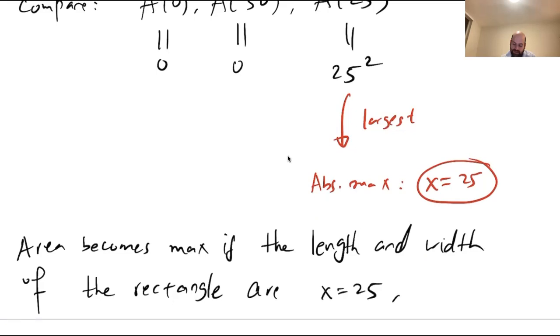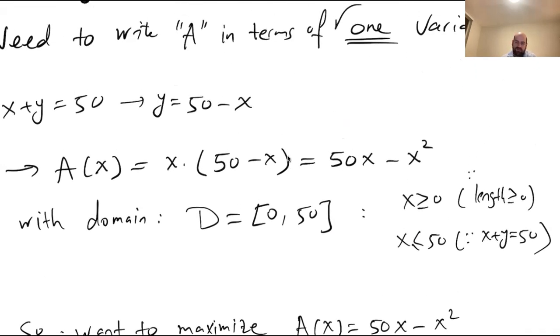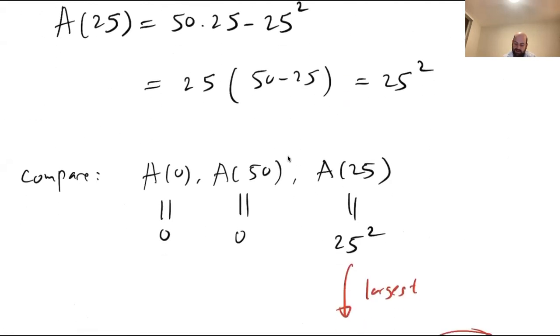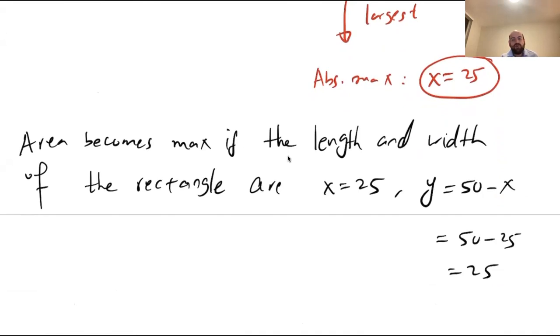And what about the width, which is y? Well, what was the connection between x and y, if you remember? The connection between x and y was 50 minus x. So y should be 50 minus x, so it was 50 minus 25, which is also 25. So area becomes maximum if x is 25 and y is also 25.